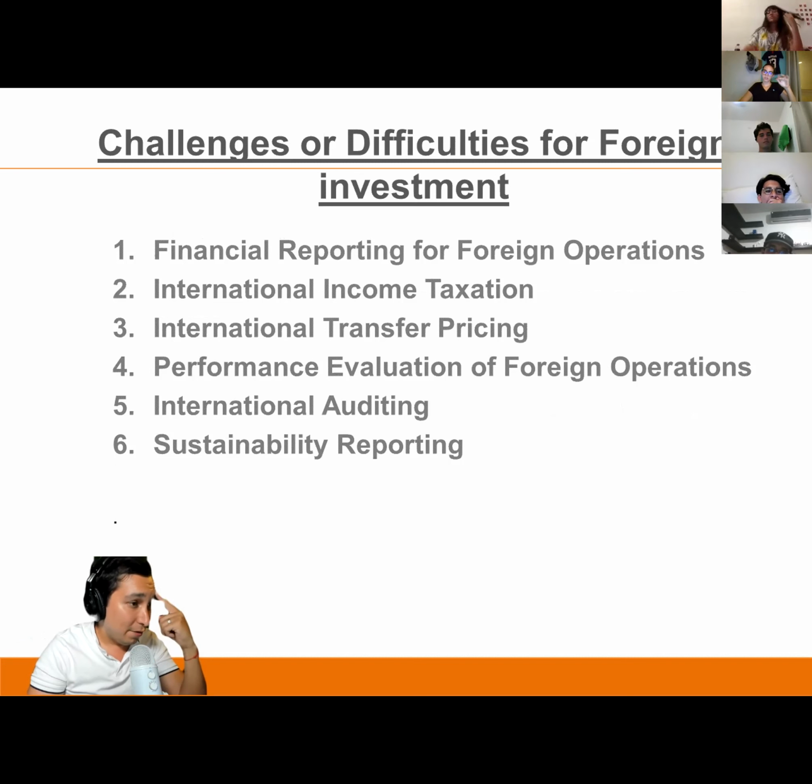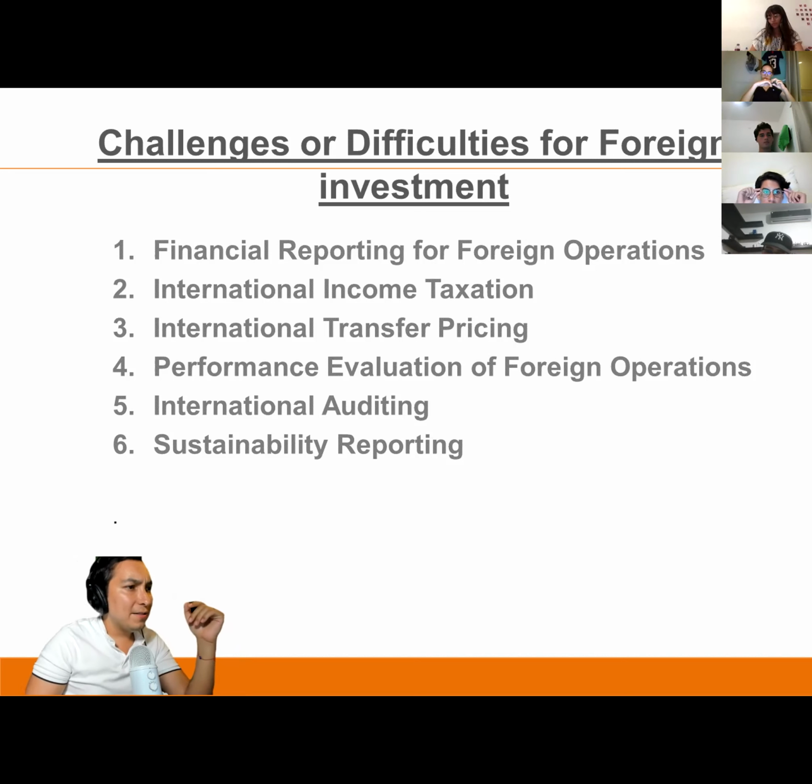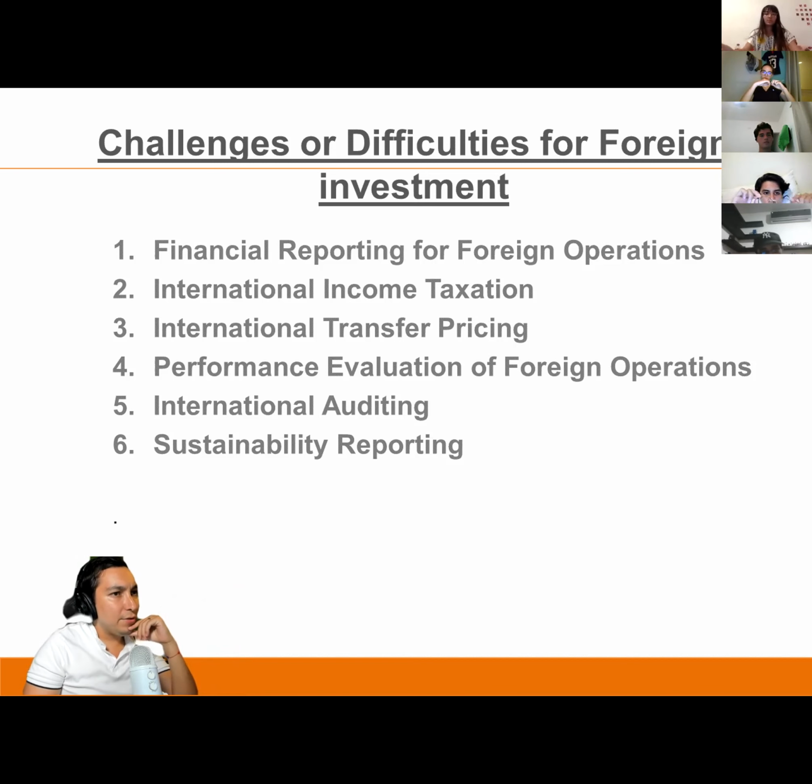You will have to think about financial reporting for foreign operations, international income taxation, international transfer pricing. We will see them all, okay? Performance evaluation of foreign operations, international auditing, sustainability reporting. So what is the challenge regarding financial reporting for foreign operations, guys? What do you think about it?